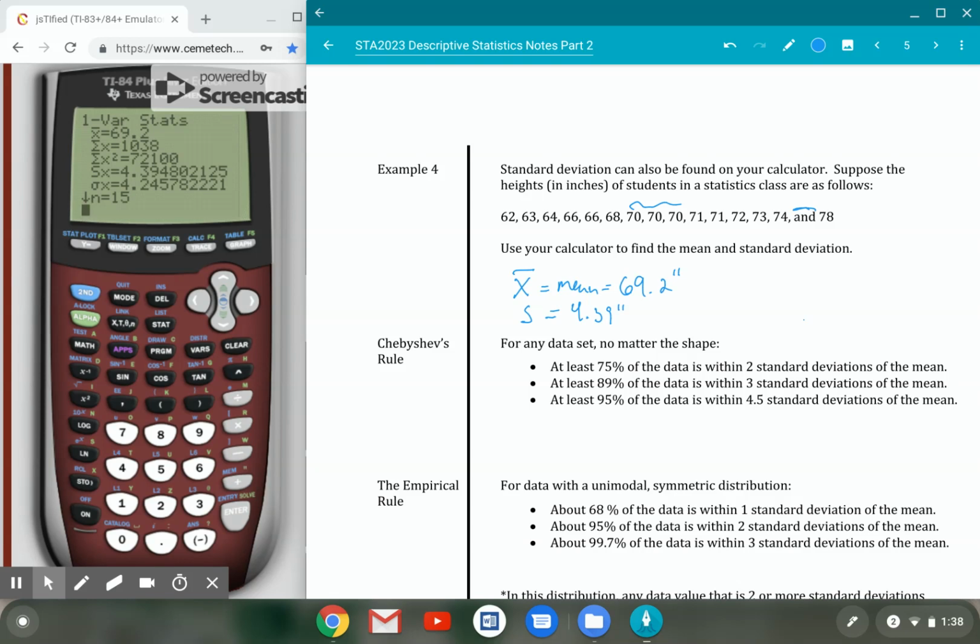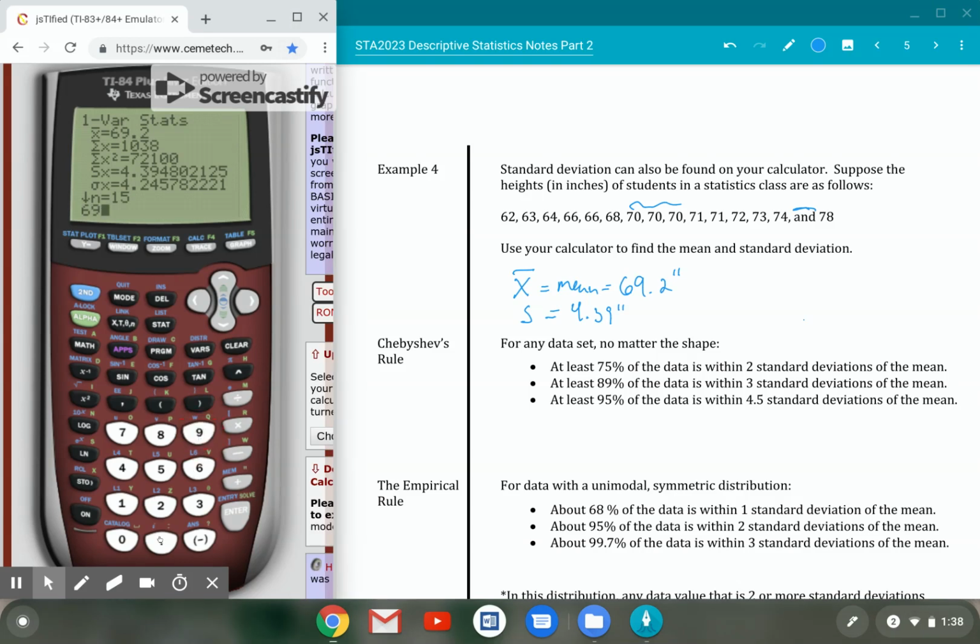So what we're saying is, the average height for the class is 69 inches or 5'9", but this varies. Not everybody is exactly 69 inches tall. So we've got people below that height, people above that height. How much are they typically above or below that? Well, that's 4.39 inches, and it can give us a range of values. So if I take 69.2 and I subtract 4.39, it gives me 64.81.